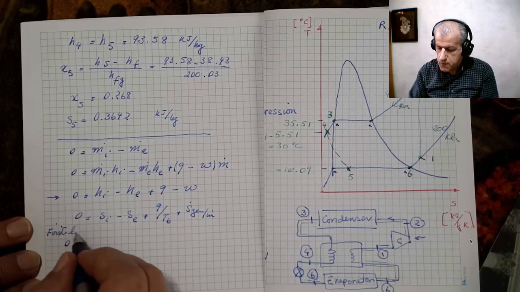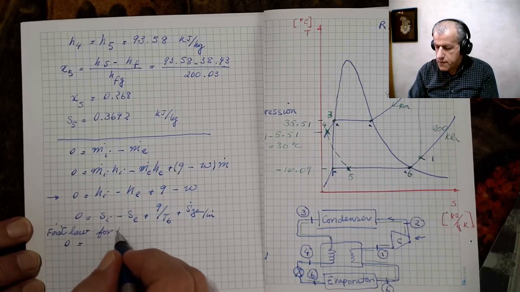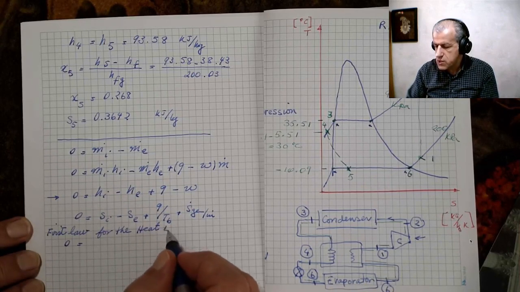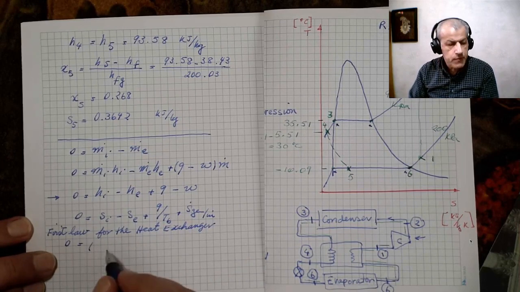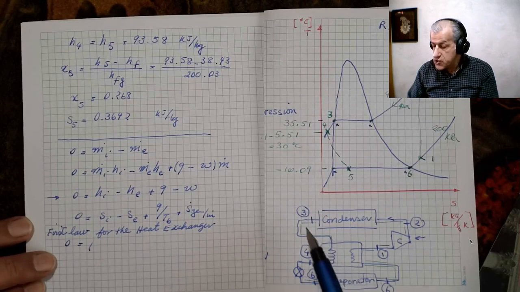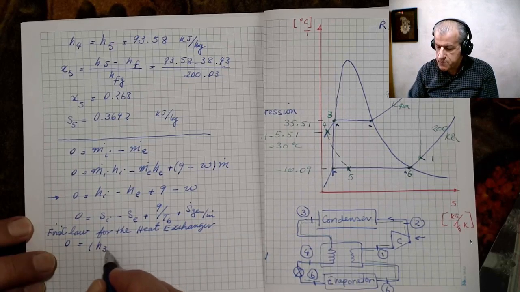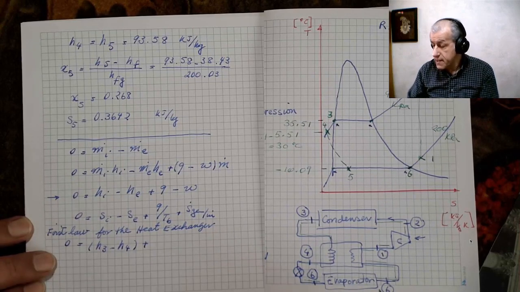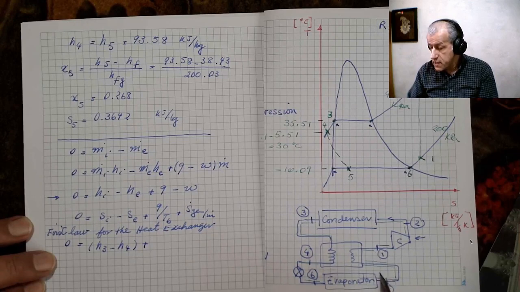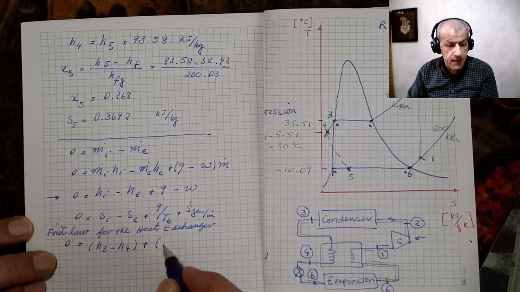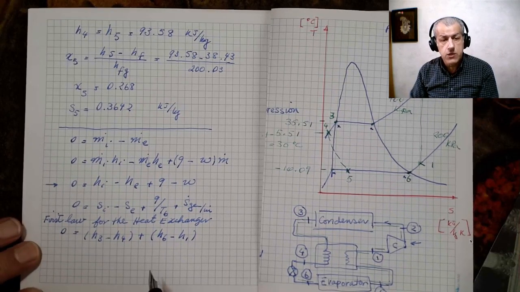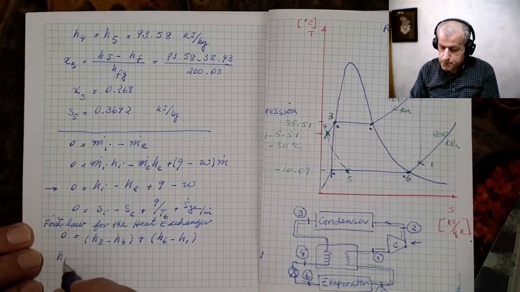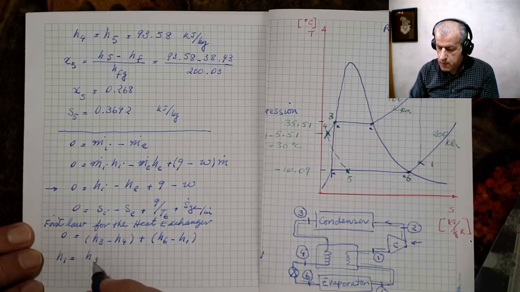That is 0 equals, well, on one side, H3 is in, H4 is out, so H3 minus H4 plus, and on the other side, it is 6 and 1, 6 enters, 1 exits, so it is H6 minus H1, and the only unknown in this equation is H1. So H1 would equal H3 minus H4 plus H6.